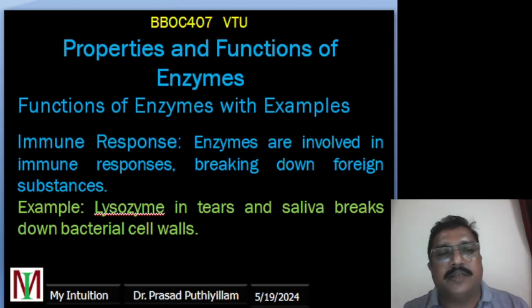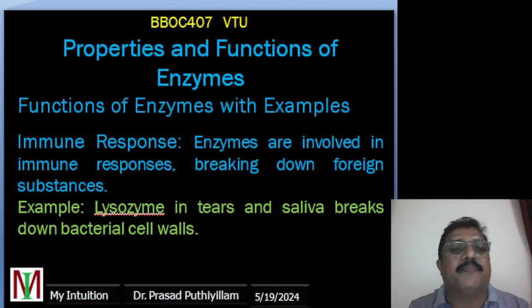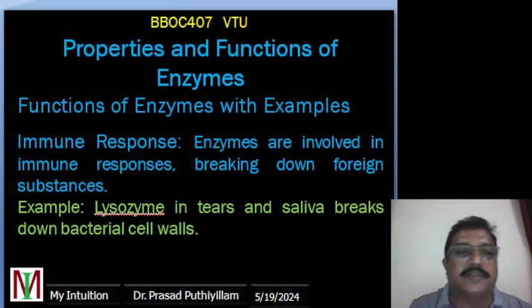Immune response means fighting infections, like a soldier defending the fort against invaders. Enzymes are also like those soldiers which fight infections. They break down foreign substances.